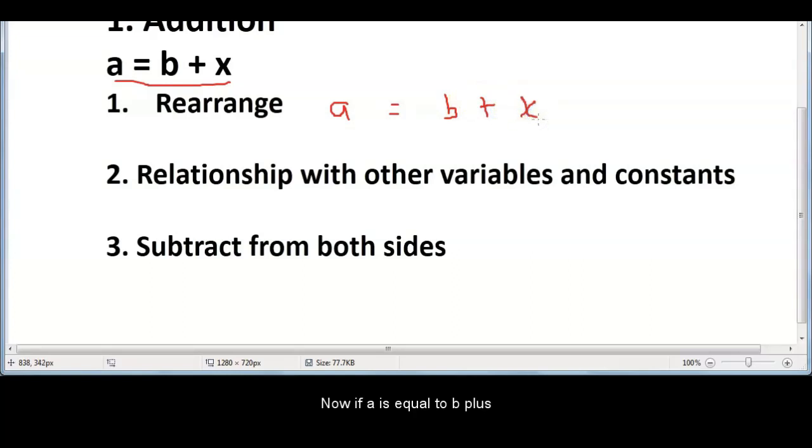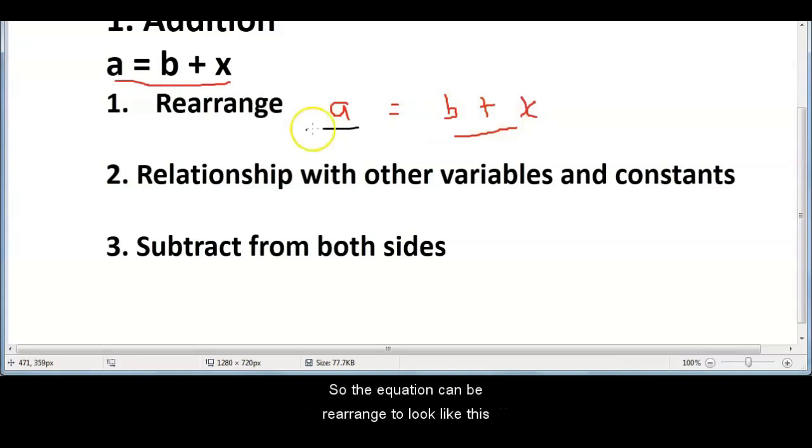Now if A is equal to B plus X, and we are to make B the subject of the formula, then the expression containing the variable, in this case B plus X, has to shift from the right side of the equation to the left side of the equation.